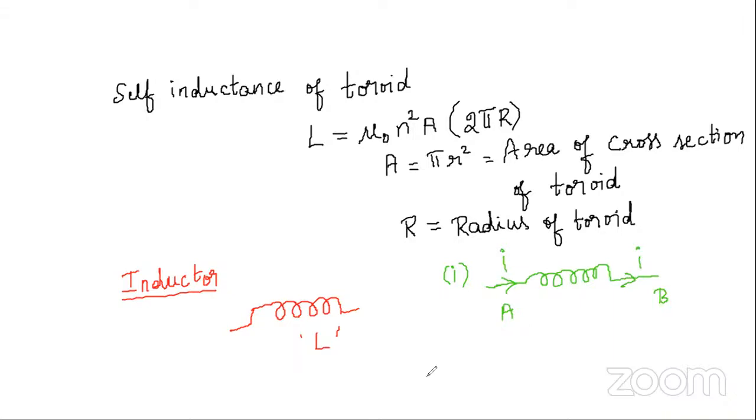In the first case, current I through the inductor is increasing. Then what is your equation? Your equation will be voltage at point A minus L into di by dt equal to voltage at point B. So when current through the inductor increases, you will be having this equation.